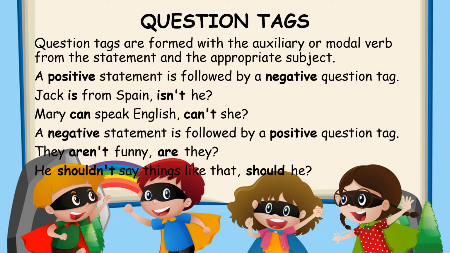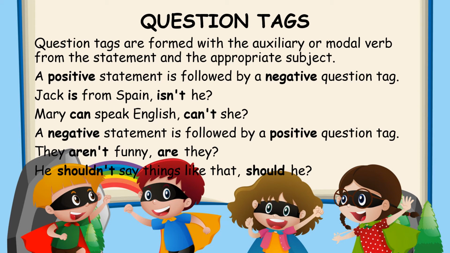For example, Jack is from Spain. So here the auxiliary verb is is. Is is positive. So when you make a question tag, that will become negative. Is will become isn't. And Jack will become he because Jack is a boy. So Jack is from Spain, isn't he?